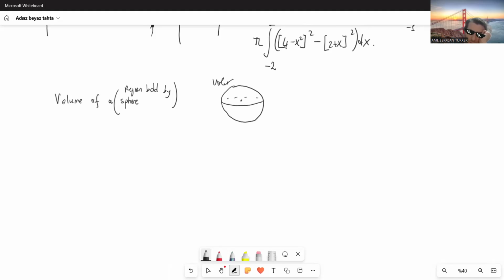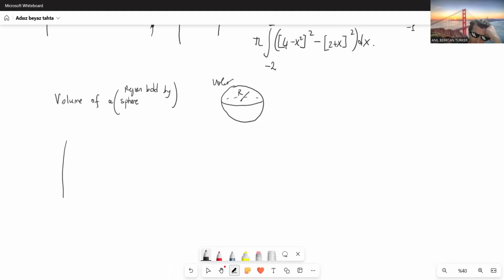Let us say this radius is r. First, I only have one variable in calculus, so I need to make some circle, or half circle. Then I'm going to find the region. When I rotate it, I'm going to find the volume of the sphere.